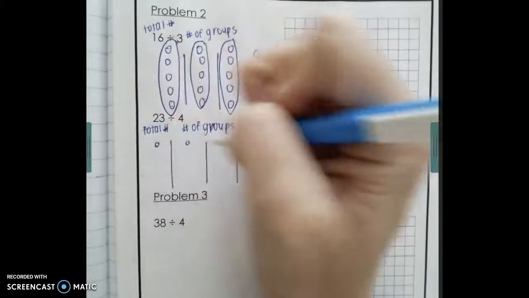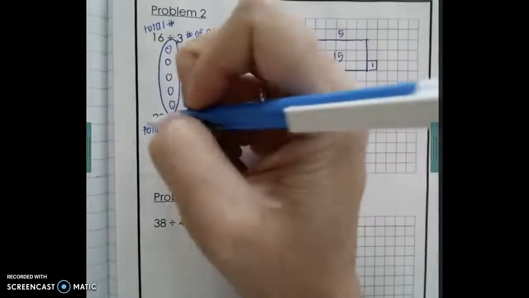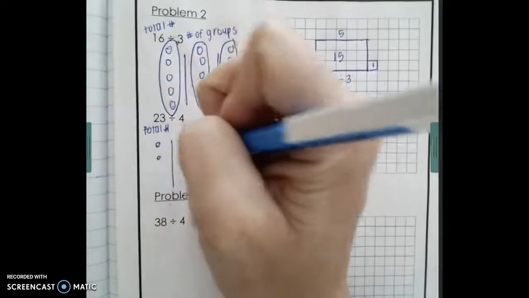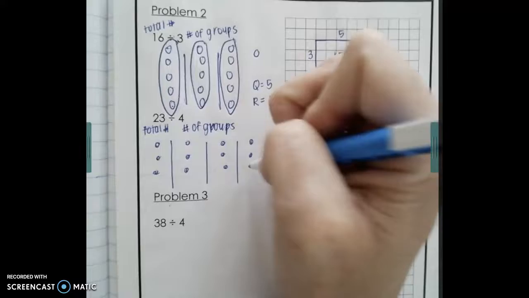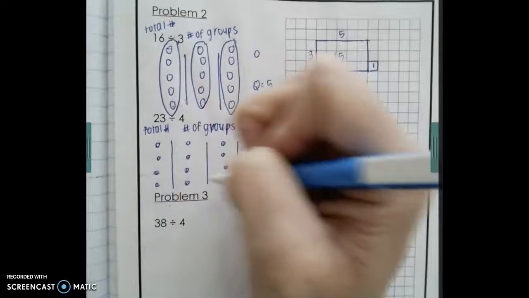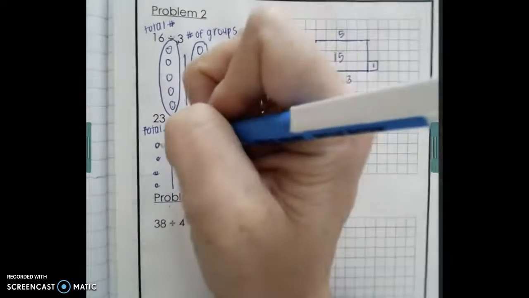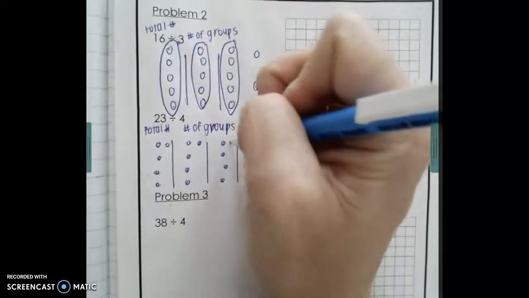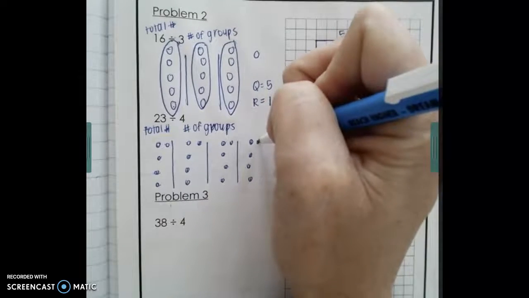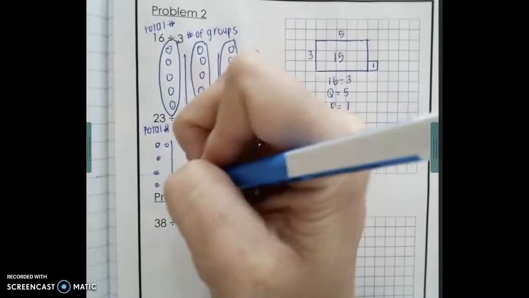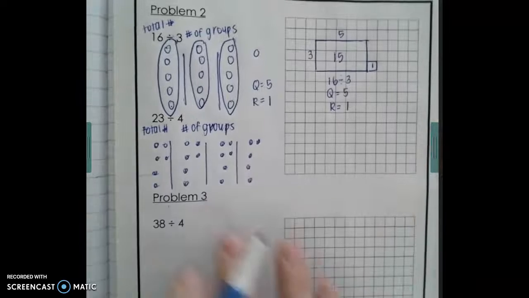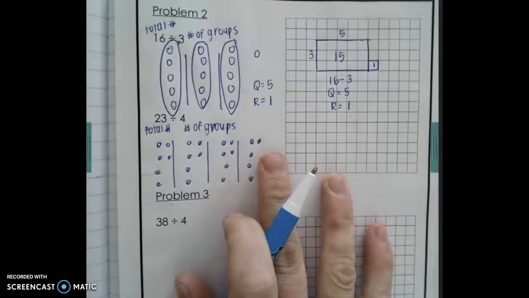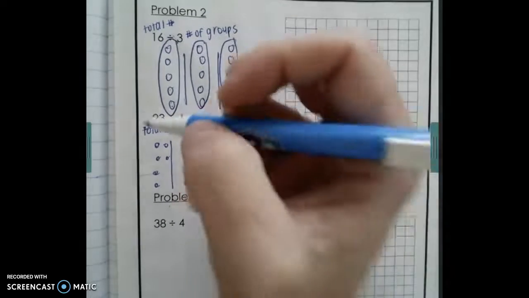So 1, 2, 3, 4, all the way up to 23. So what happens is I don't get an even amount, right?